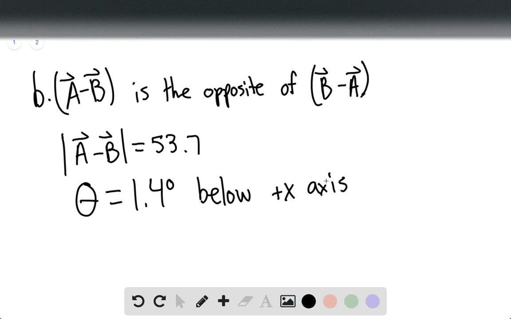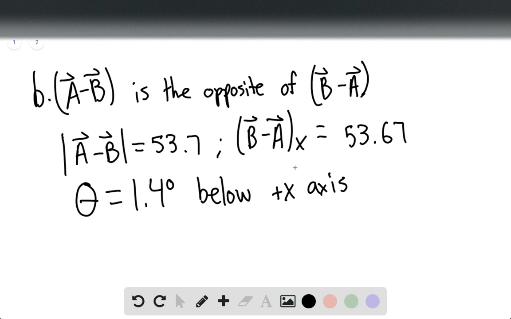Because again, now we have a minus b for the x would equal 53.67, and then for the y it would be negative 1.31.